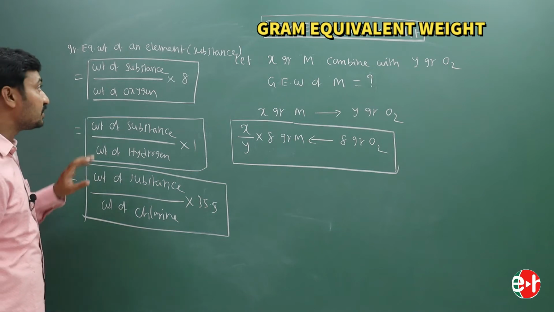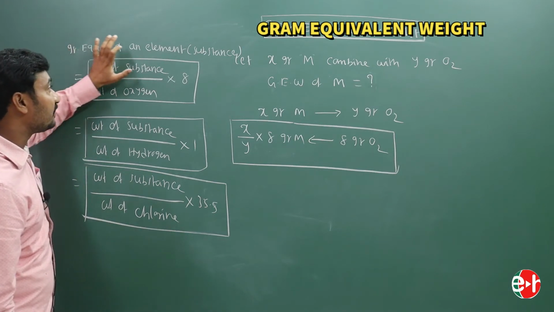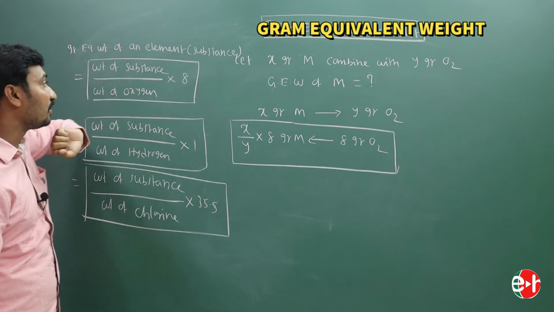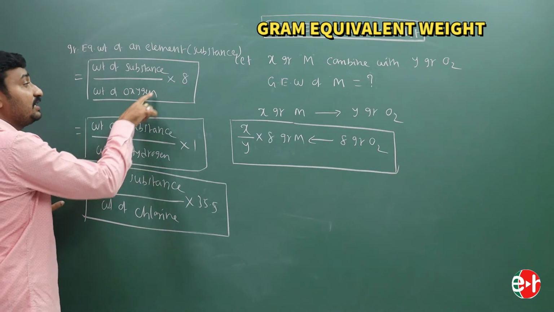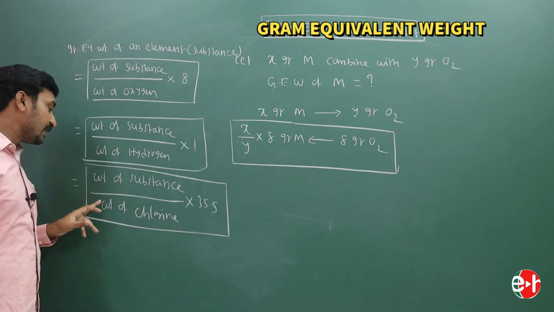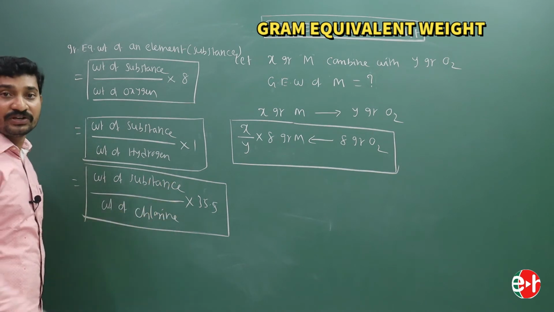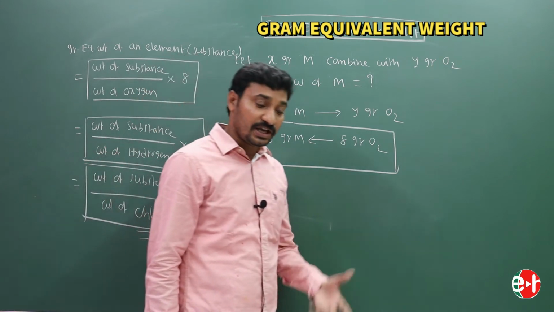Got it? So this is the formula of gram equivalent weight of a substance. It is equal to weight of substance by weight of oxygen into 8; in terms of hydrogen, weight of hydrogen into 1; in terms of chlorine, weight of chlorine into 35.5. So this is the formula of gram equivalent weight of a substance.